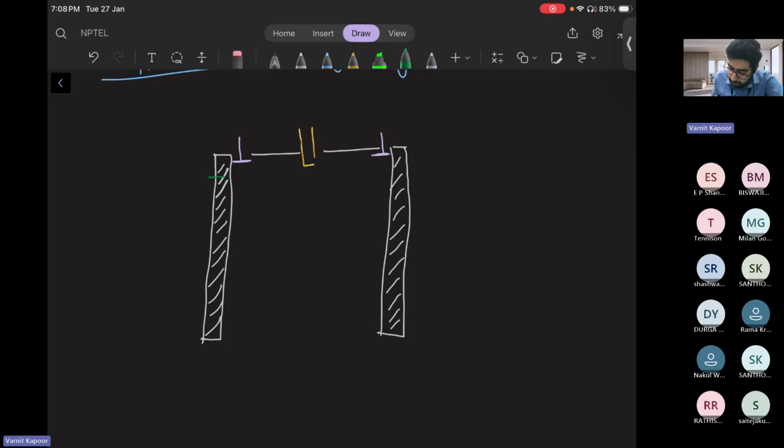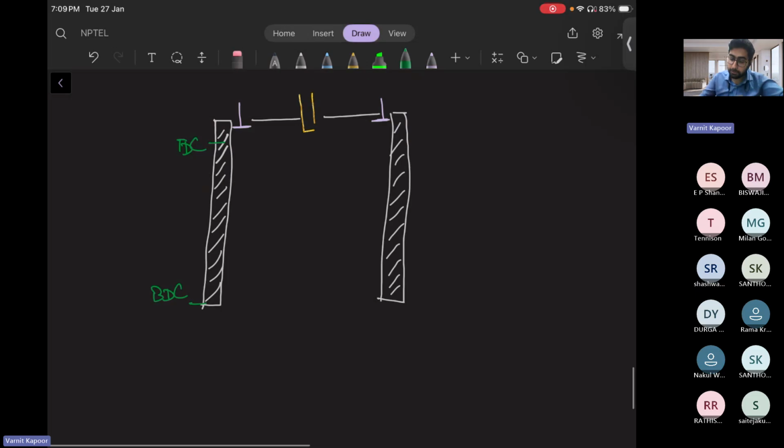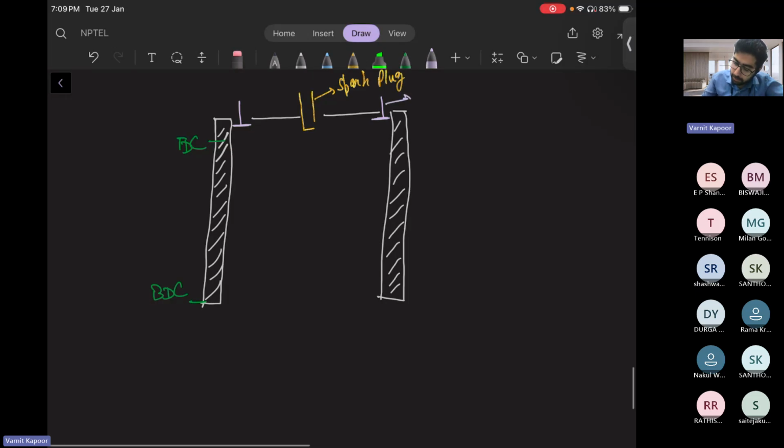This is your top dead center, this is your bottom dead center. This is your spark plug. This is your exhaust valve. This is your inlet valve. Then we have the piston itself.